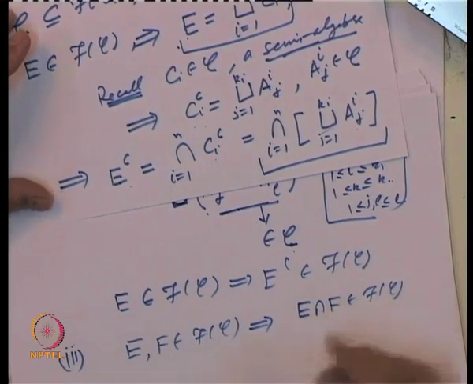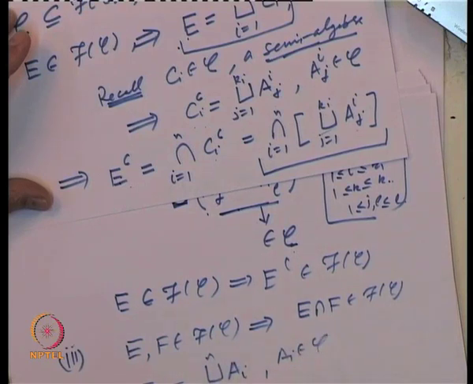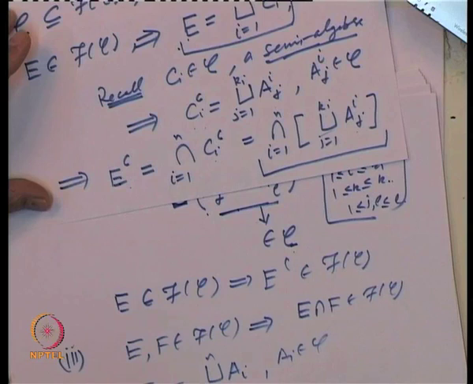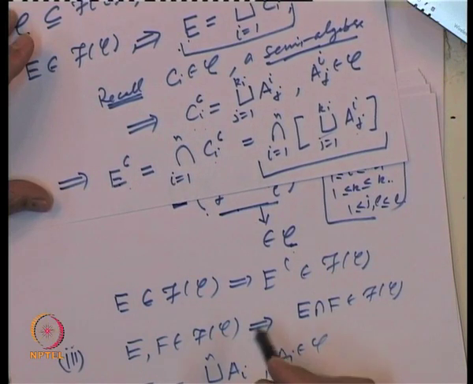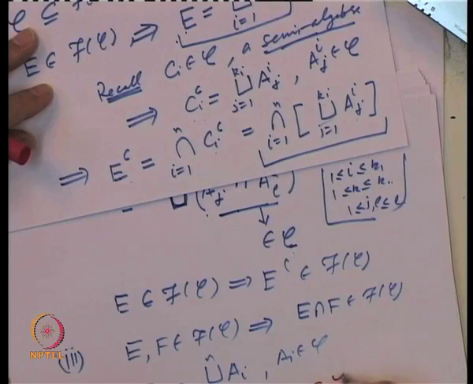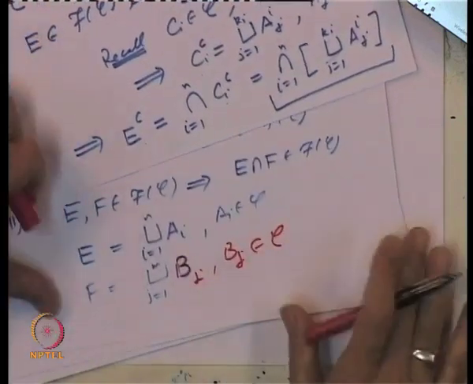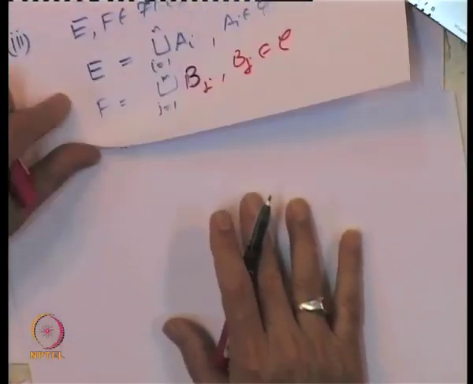Well, that should be obvious, because E belonging to f of C means E is a disjoint union of some A i's, i from 1 to n, A i's belonging to C, and f is a union of some sets b j's, j equal to 1 to m, where each b j belongs to C. So, let us conclude from here.